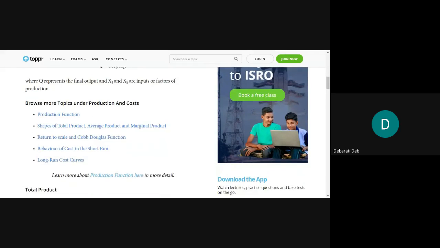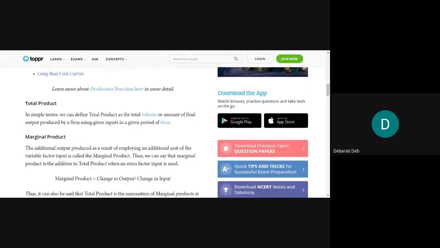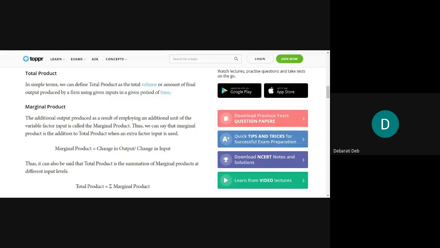Okay. Now from this production function, the concept of total product can be explained. In simple terms, we can define total product as the total volume or the amount of final output produced by a farm using given inputs in a given period of time. So what does it indicate?